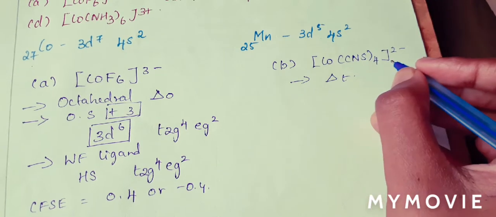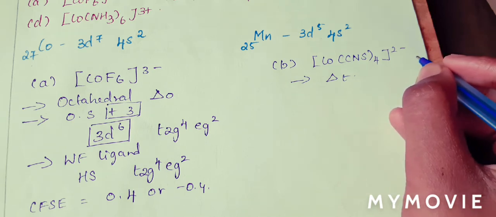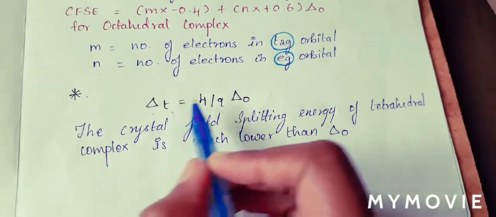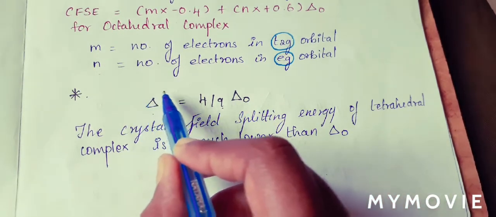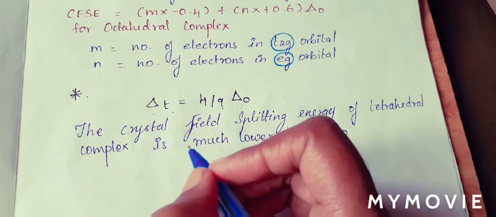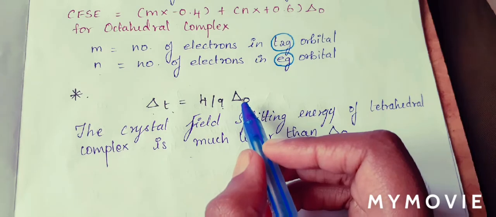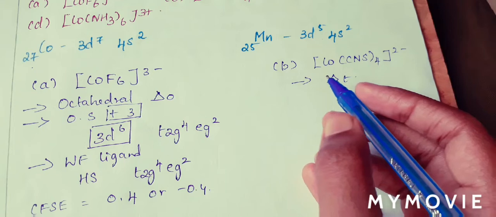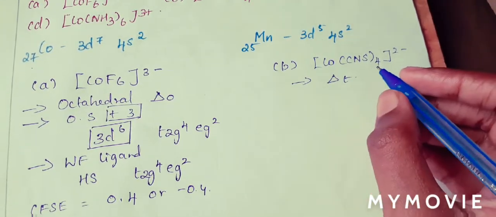Tetrahedral complexes have a CFSE which is lower than delta naught, the CFSE value of octahedral complexes, according to this formula: delta T is equal to 4 by 9 times delta naught. So delta T is going to have a comparatively lower CFSE value than delta naught for an octahedral complex. So I am just going to neglect this option because a tetrahedral complex cannot have a high CFSE value.